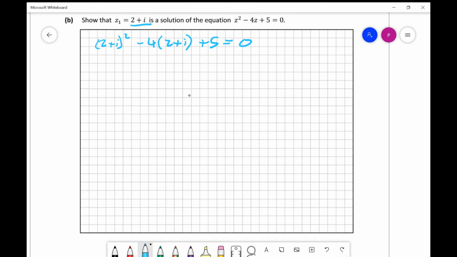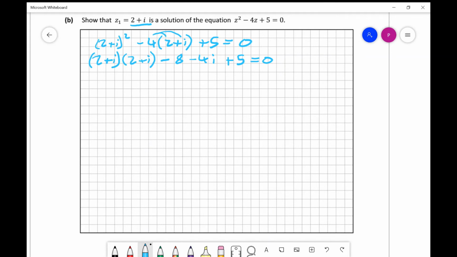And hopefully we'll end up that the left-hand side is equal to the right-hand side. Okay, so we're going to end up with, remember when I'm squaring a bracket, that means multiply the bracket by itself. So 2 plus i multiplied by 2 plus i. Minus 4 times 2 is minus 8. Minus 4 times i is minus 4i. Plus my 5 is equal to 0.